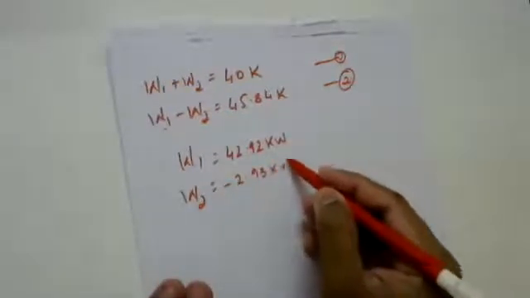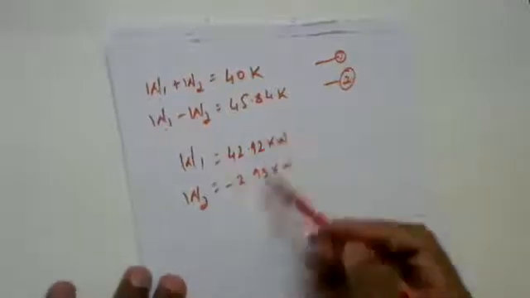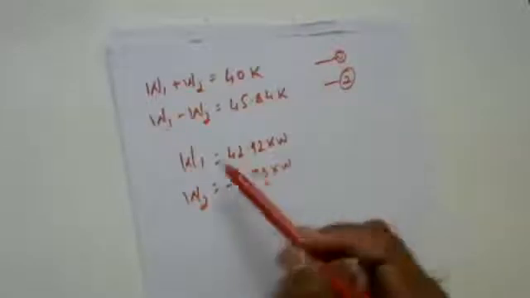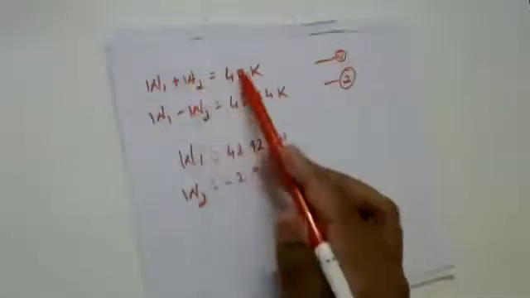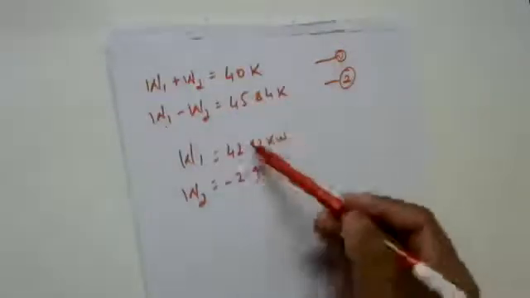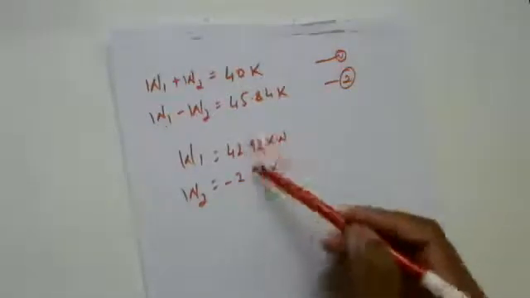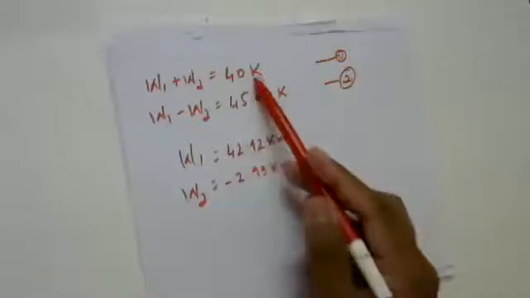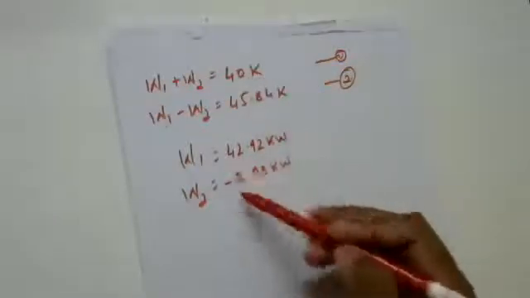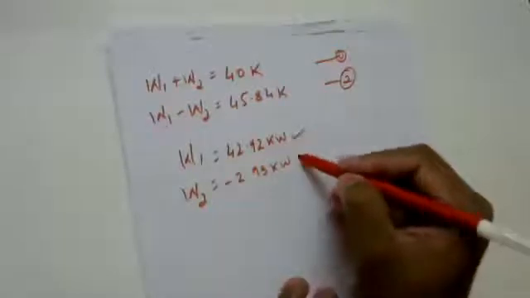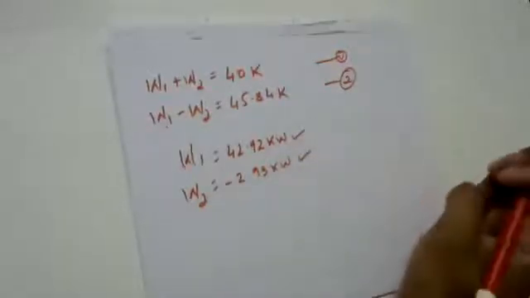If you want to verify whether the answer you're getting is right or wrong, W1 plus W2 should be equal to 40 kilowatts. When I sum this, 42 minus 2 is nothing but 40. Yes or no? We are able to verify the values of W1 and W2, which means the answer we're getting is the right answer.